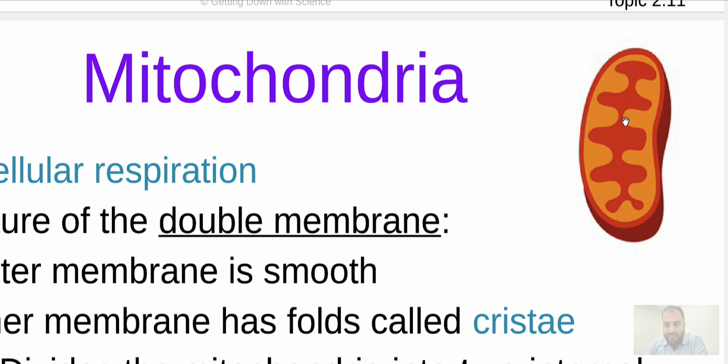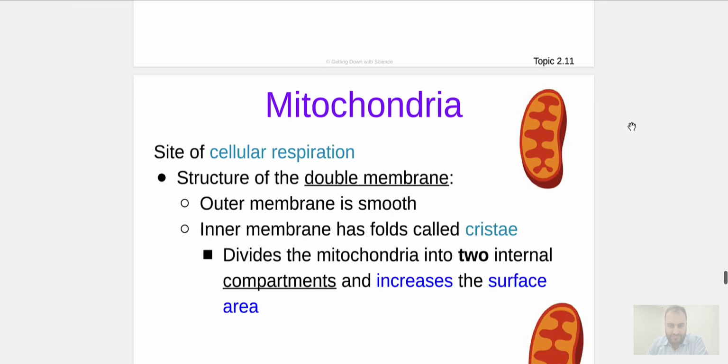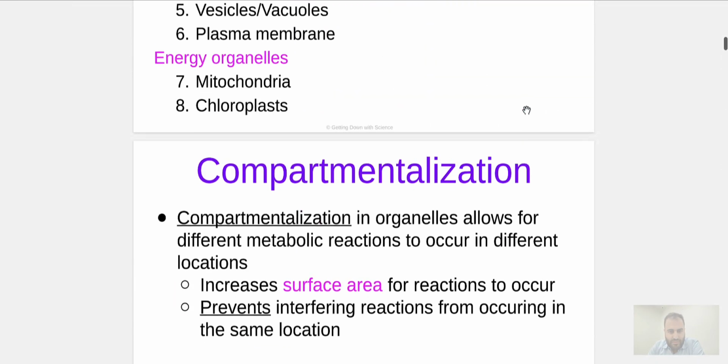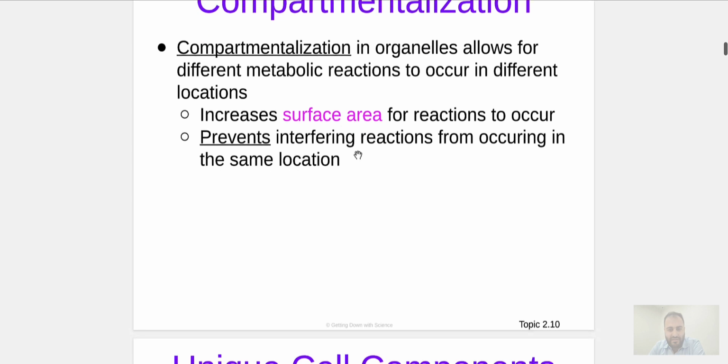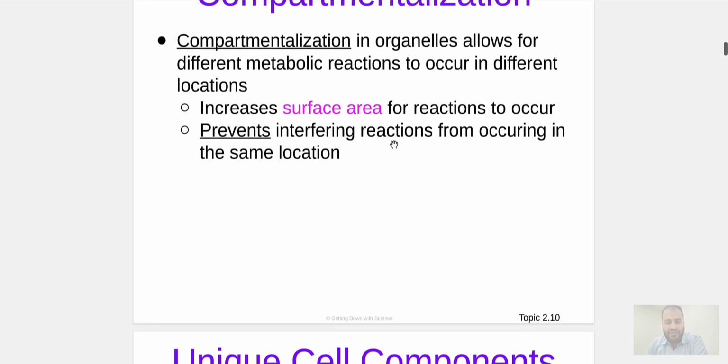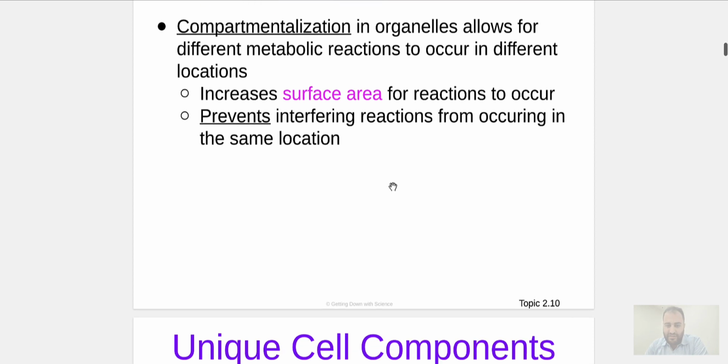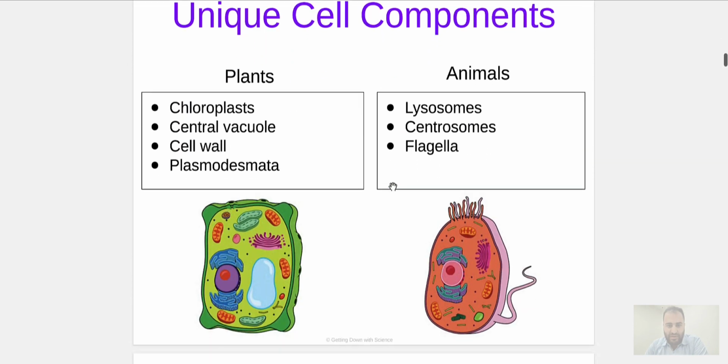So since I have folds here, it means we have larger space for the reactions to take place. So compartmentalization helps organize the reactions that take place and increases the surface area, as well as preventing interfering reactions from occurring at the same location, so that reactions don't happen at the same time and they don't interfere.